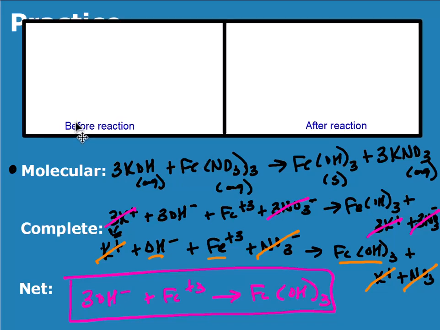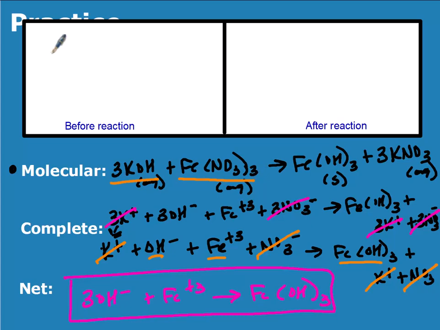So for drawing our picture, in this case, let's do it a different way than just saying that we have 2. So if we're to draw the picture, we can also look at our molecular equation and say, well, I have 3 of these and 1 of those. So let's start with 3 potassium hydroxides and 1 iron 3 nitrate, just so it works out perfectly and then we don't have extra of our reactants and products.